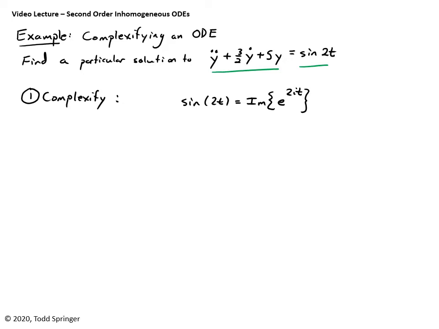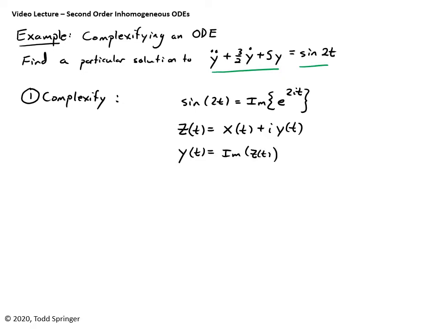So what I'm going to do is take a complex variable z, which is going to be equal to x, which is some real function. Let's make clear that it's a function of t. z of t is going to be some function x of t plus i y of t. So I notice that y of t is the imaginary part of z of t.